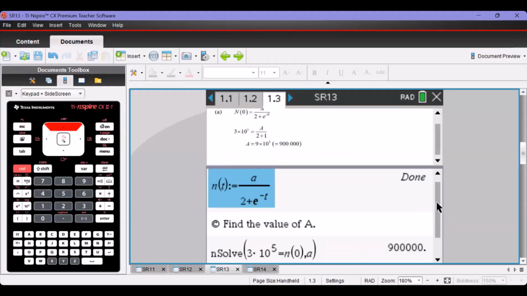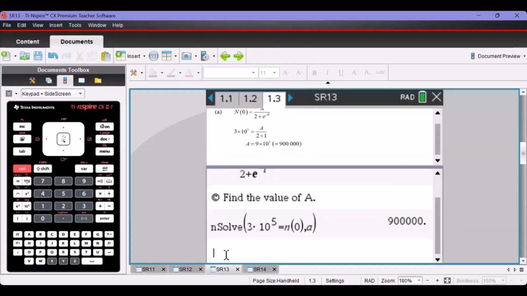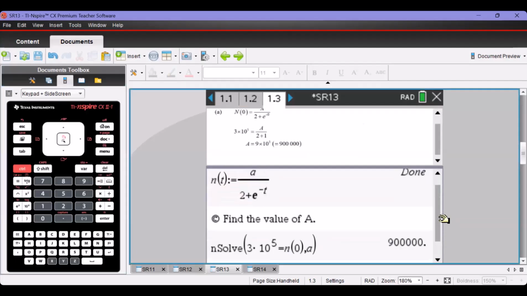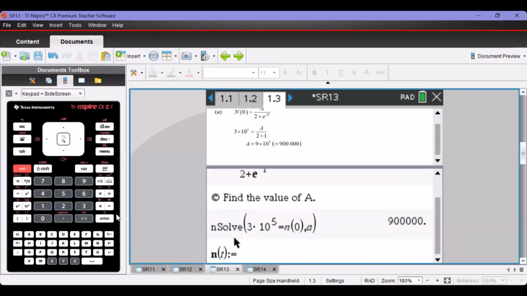First of all, we type in n open bracket t and come outside that closing bracket. The assign command is the symbol colon equals, and it's accessed by pressing Control and then the symbols template. Now notice that our function is in fractional form, so press Control divided by for the fraction template.